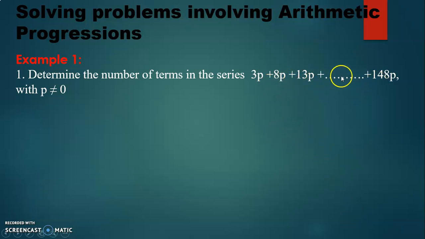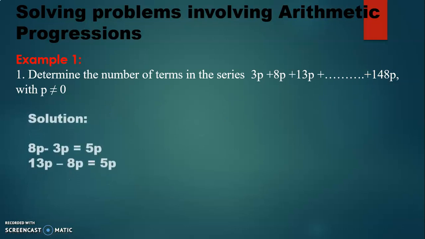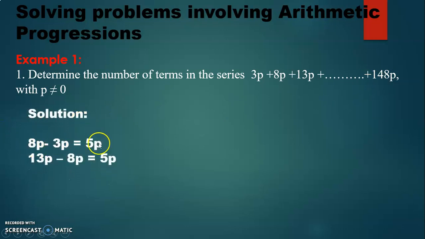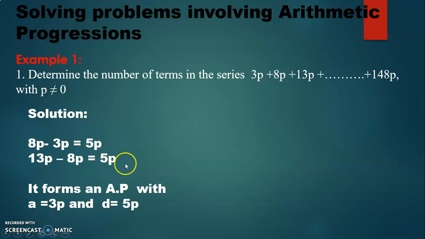OK，有多少个 term 呢？一直到 148P. First, what you should check is whether this is an AP or not, right? 8P 减 3P 咯，13P minus 8P, you get 5P. So it forms an AP, right?